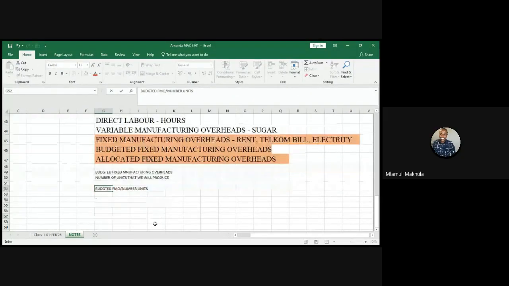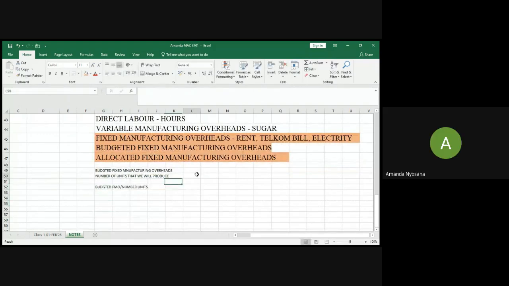Let's say, as an example, your material, the flour per unit, per gwinya, costs us 10 rand.